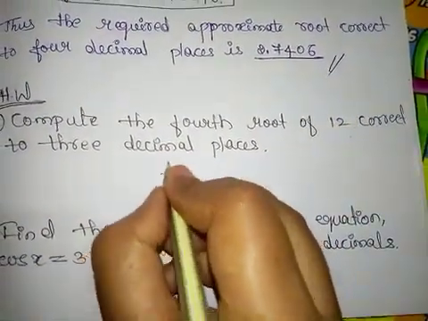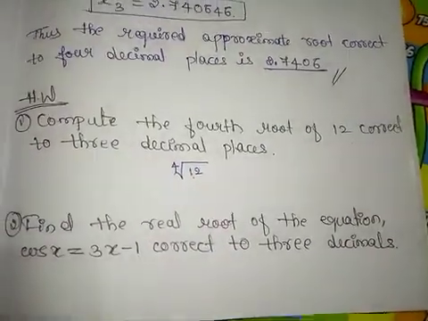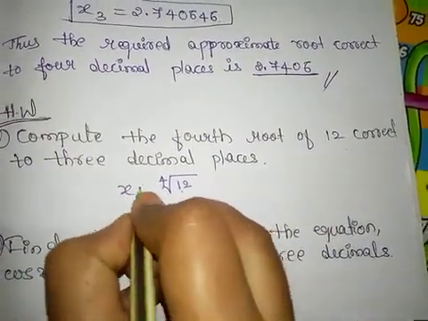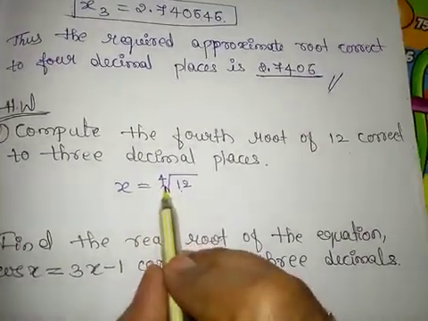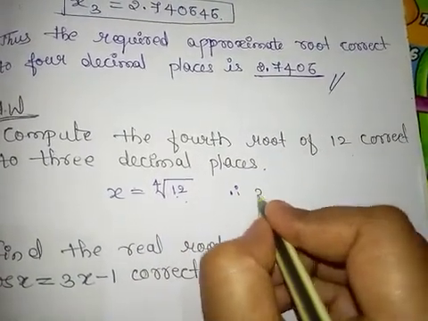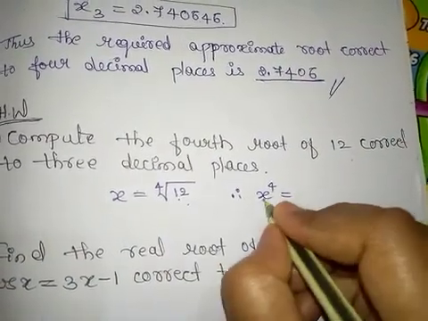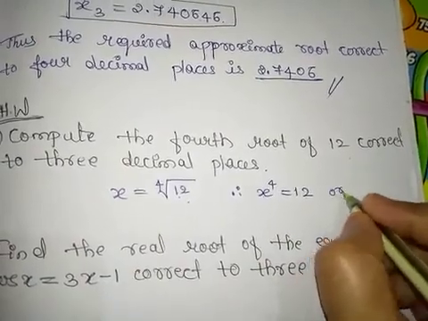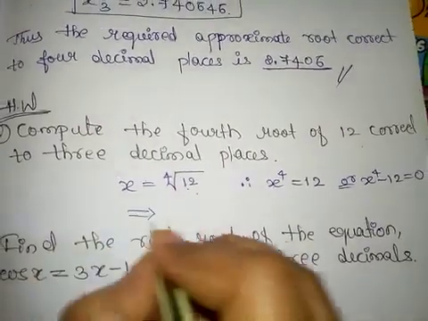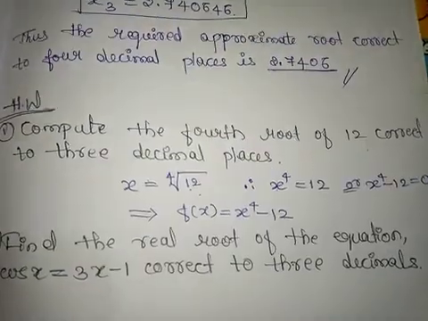Say x is equal to 4th root of 12. Therefore x raised to 4, raise the power on both the sides. You will get x raised to 4 is equal to 12, or x raised to 4 minus 12 is equal to 0, which implies our f of x is equal to x raised to 4 minus 12.